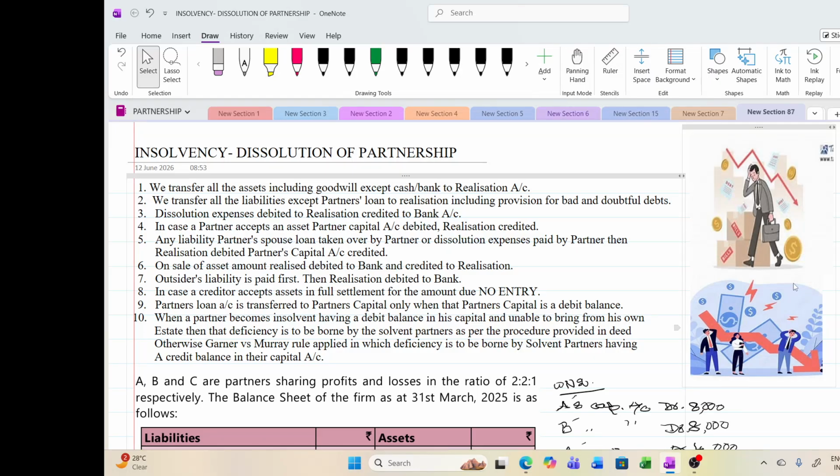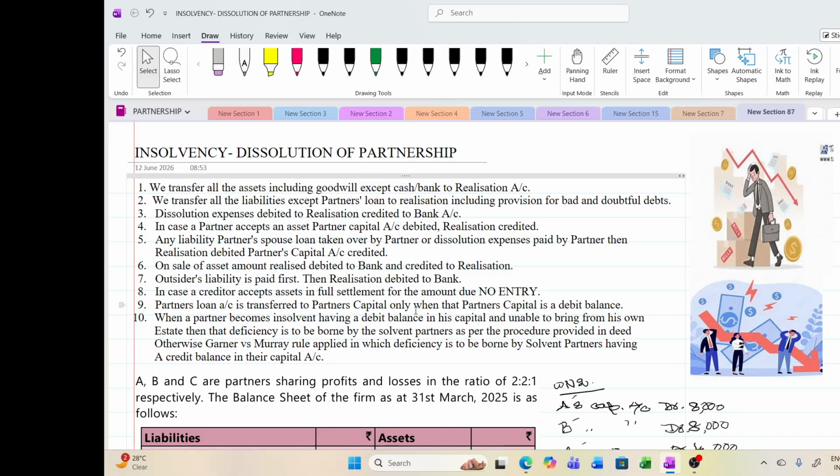In case a creditor accepts an asset for full settlement of an outside liability, then for that amount there is no entry, because the asset already got closed by transfer to realization, and the liability is also closed by transferring to realization. Partner's loan account is treated separately.